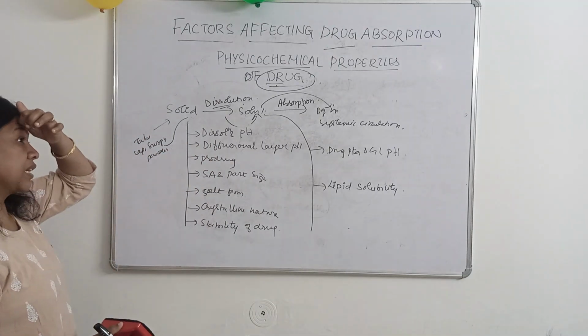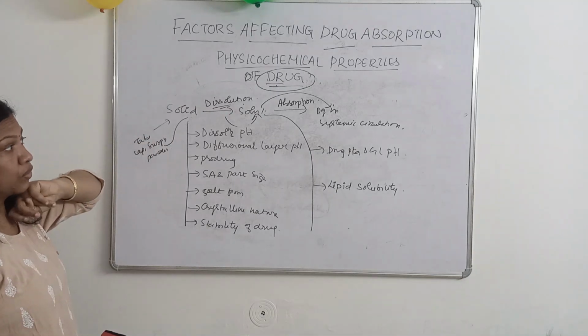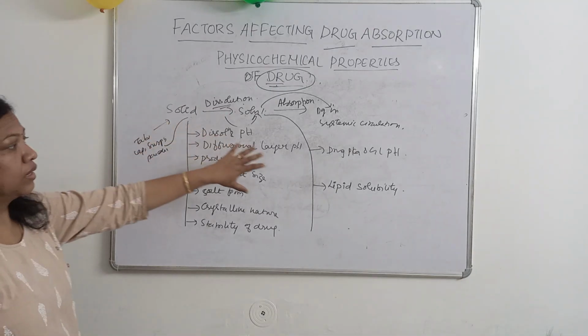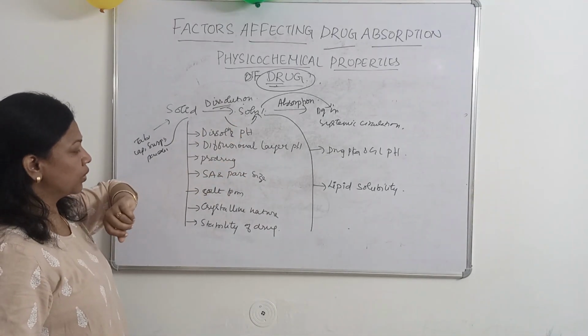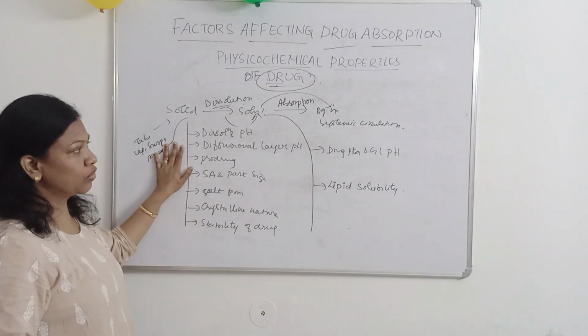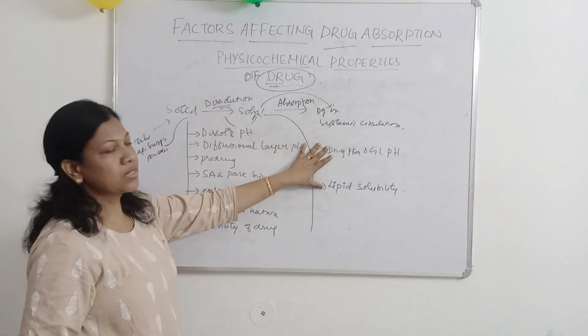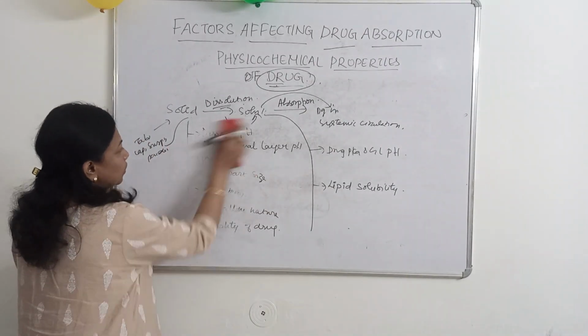These are all the physicochemical properties of the drug that are going to affect oral drug absorption. So these are the factors when the drug is in solid state, and these two factors when the drug is in solution state.